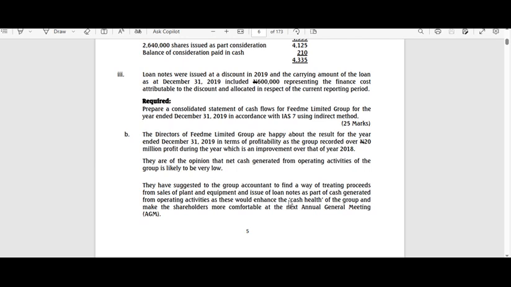Information three: loan notes were issued at a discount in 2019, and the carrying amount of the loan as at December 31, 2019 included 600,000 naira, representing the finance costs attributable to the discount and allocated in respect of the current reporting period. Required: prepare a consolidated statement of cash flows for Feed Me Limited Group for the year ended December 31, 2019, in accordance with IAS 7 using the indirect method.